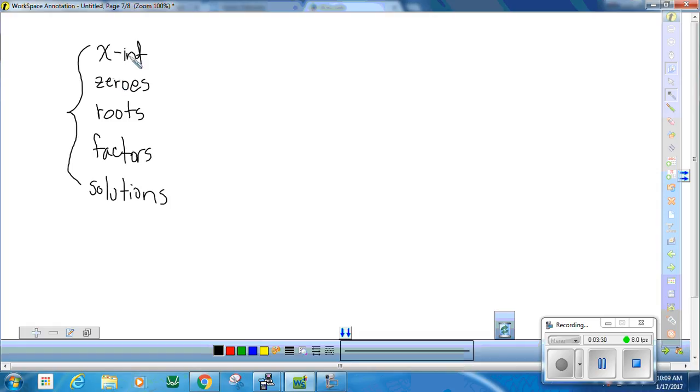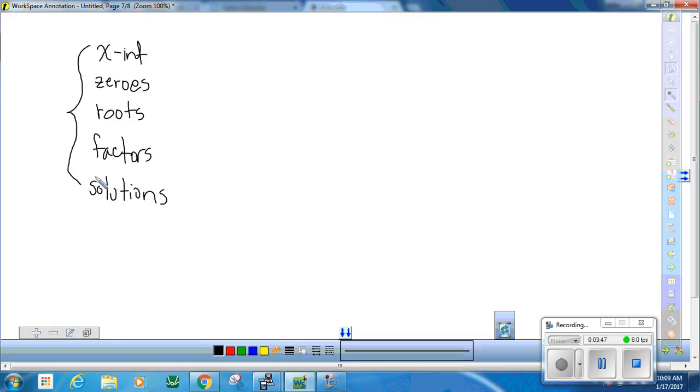We use x-intercepts and zeros generally when we're talking about graphs. We use roots and solutions when we're dealing with the equations. We use factors when we're trying to factor a polynomial.